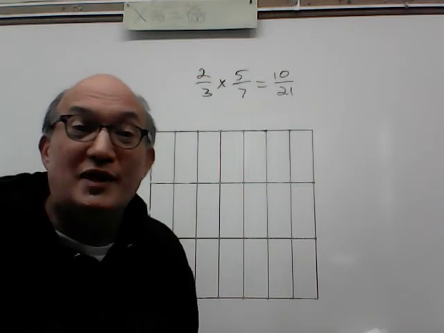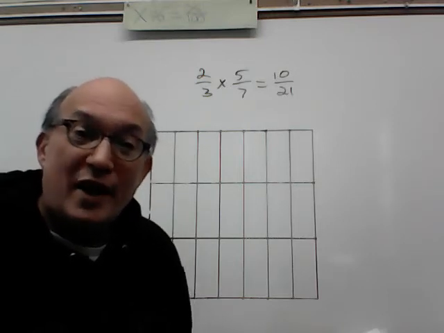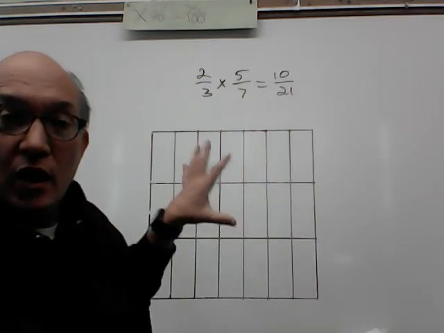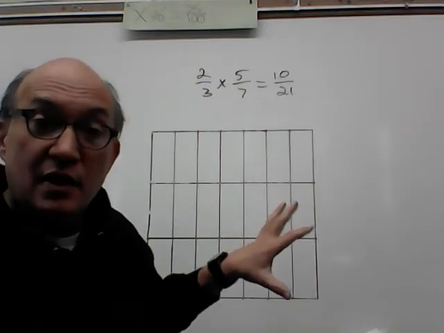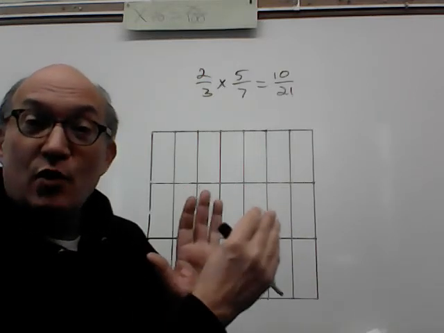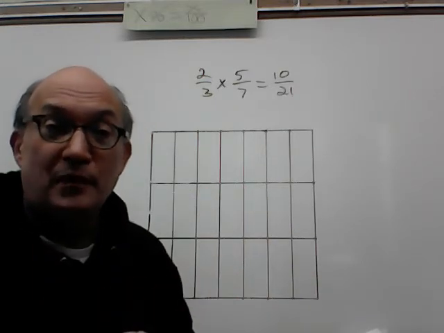There are a total of 21 congruent rectangles. They're all identical, that now are completely paving, like tiles on a floor. They're completely paving the area of that square, which is 1.